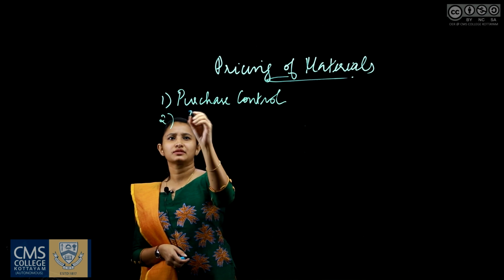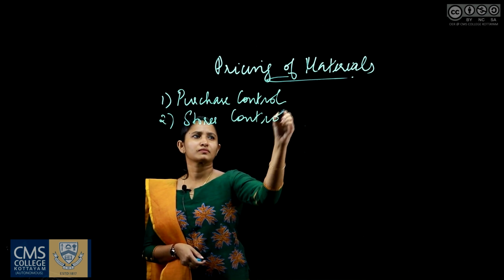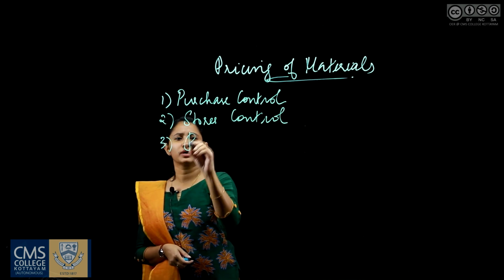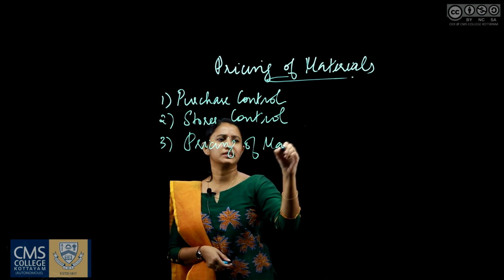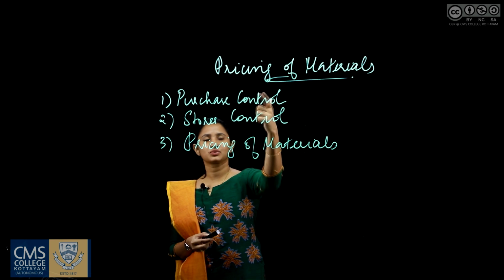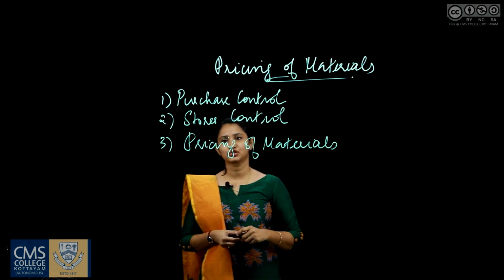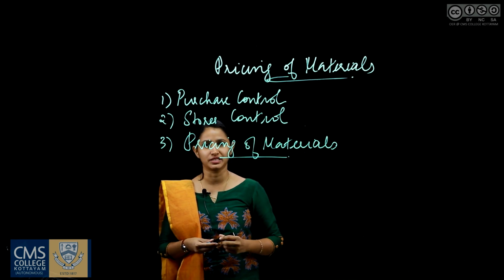The other one is stores control. And the third one is pricing of materials. In the last two classes, we discussed purchase control and stores control. Today we are going to discuss specifically pricing of materials.